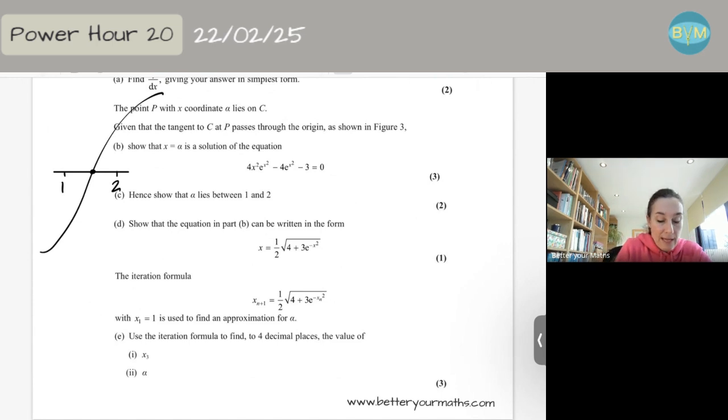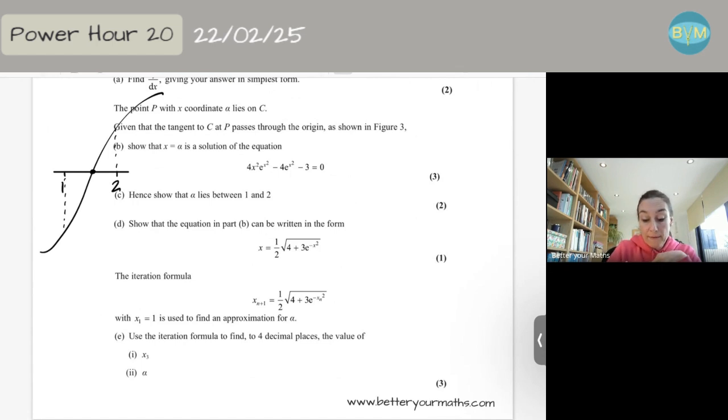If I find f of 1 and f of 2, they are going to have different signs, so positive and negative or negative and positive. And if that happens, it means that the graph cuts the x-axis if it's continuous. That is going to be continuous in all the questions.